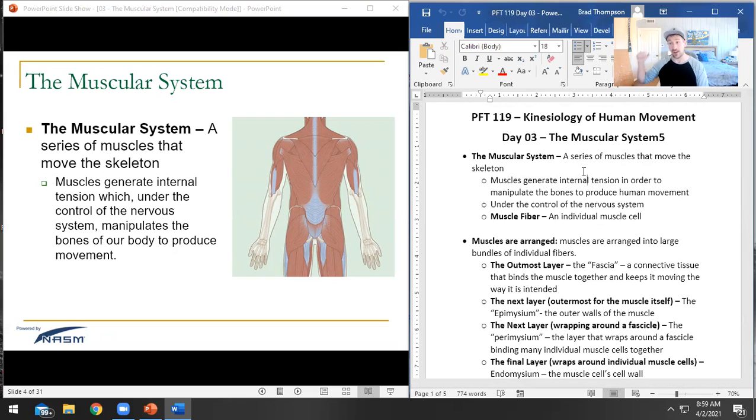If I had a 5-pound dumbbell in my hand right now, and my deltoid muscle generated 6 pounds of internal tension, that's greater than this 5-pound dumbbell. And so then I can raise it against gravity, right? I'm being resisted by gravity, but I'm generating enough internal tension to overcome that. That's what allows us to move.